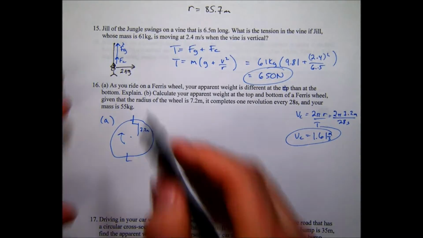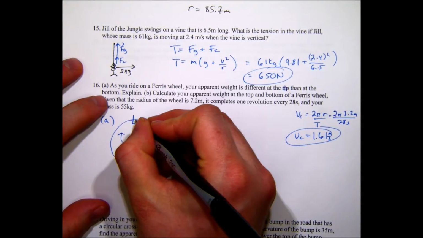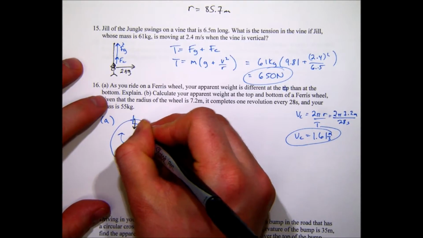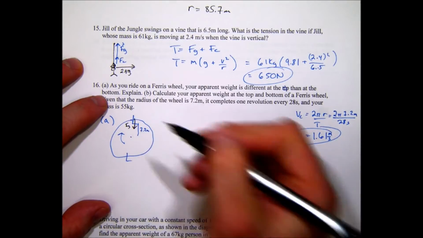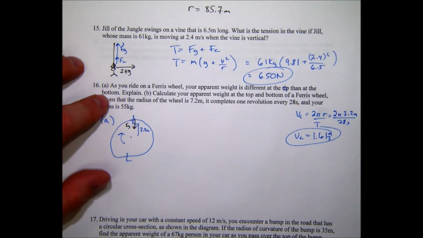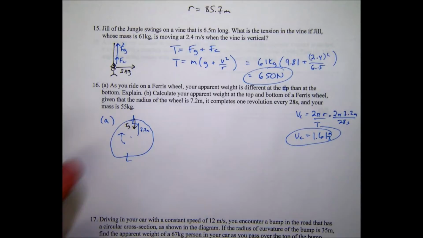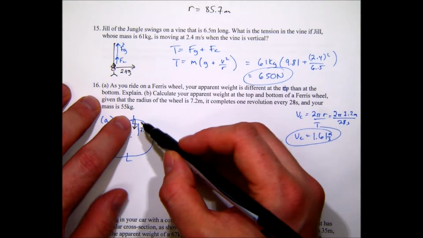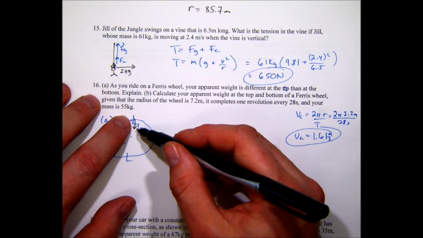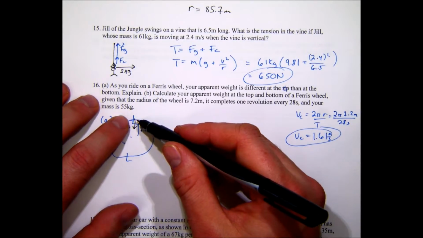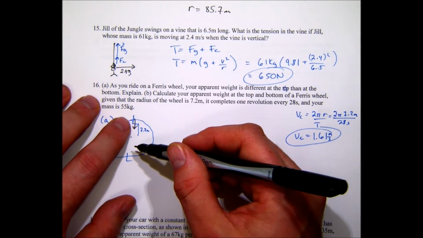At the top of this circle, the gravity or the weight of the rider is pushing down with a certain amount of force. Now, if I were to take a seat and just put it up off the ground, 14.4 meters up off the ground, the seat would go down, it would go towards the center of the circle.